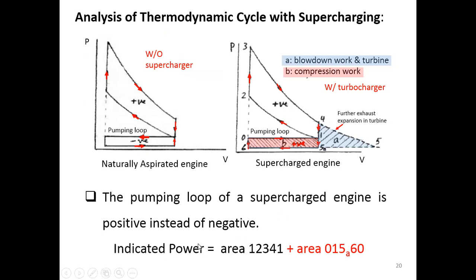So the indicated power is higher in the supercharged engine than in the naturally aspirated engine, and that's the reason why, when equipped with a supercharger or turbocharger, the engine can deliver more work and can have higher efficiency.